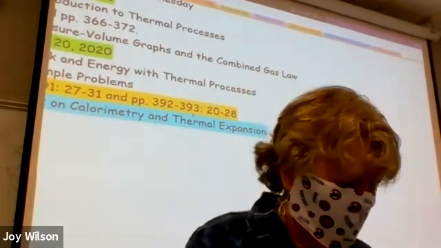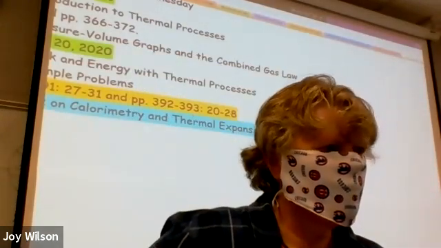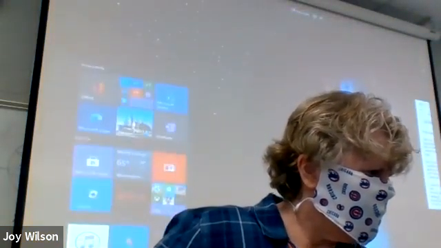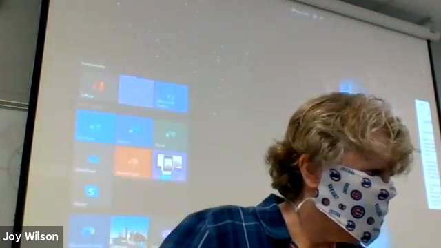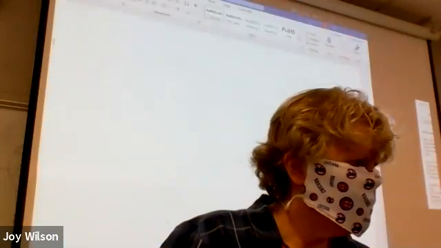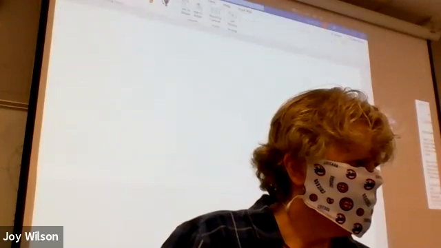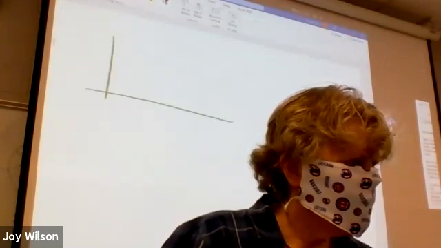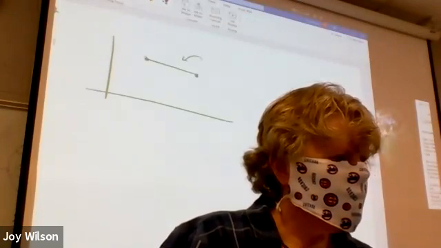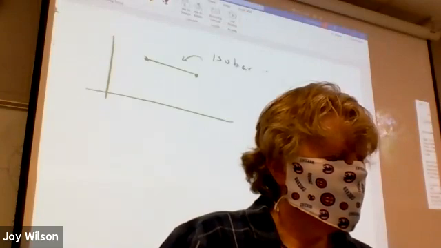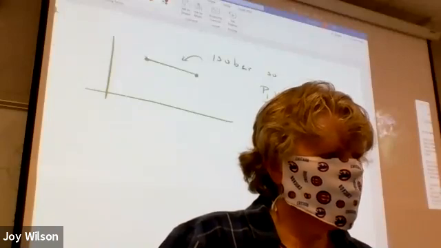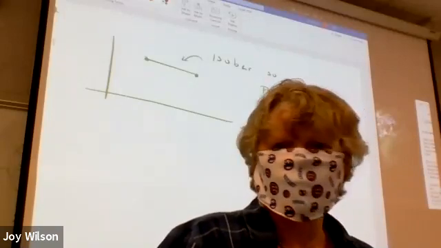So we're going to start with, and now I don't have any paper showing. So you have this. It's an isobar. So P1 V1 over T1 turns into P2 V2 over T2.